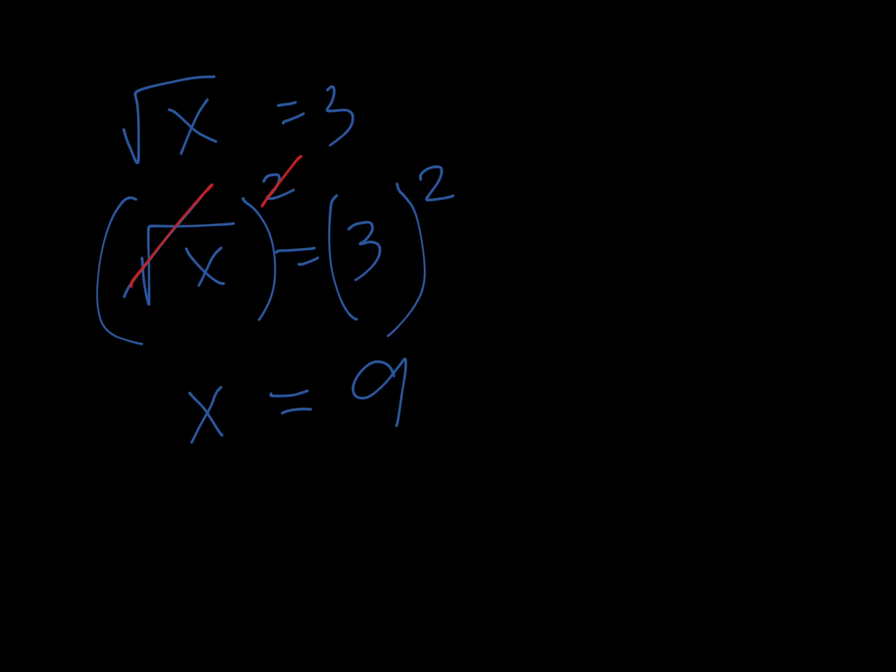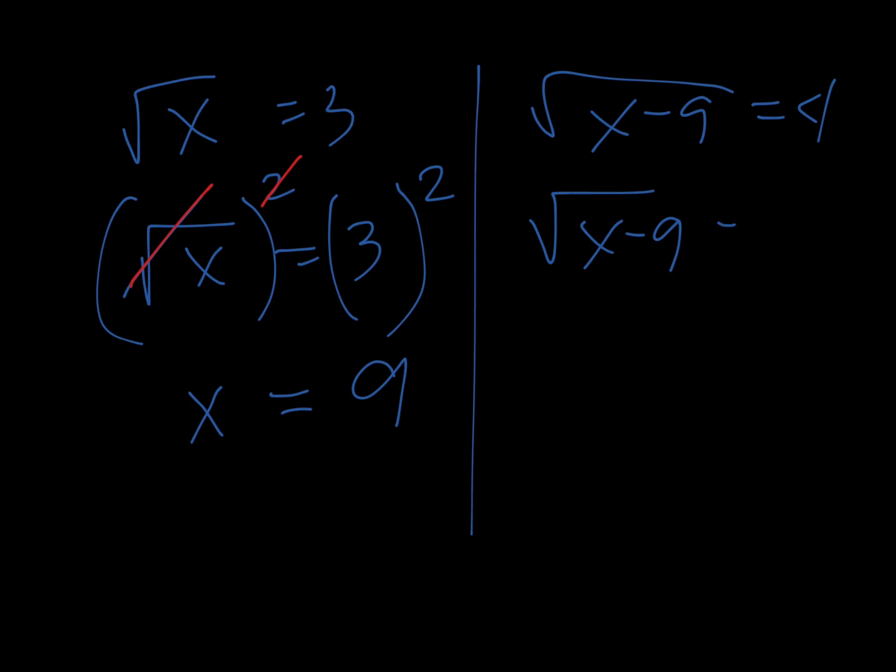Another, try to solve this. The square root of x minus 9 is equal to 4. Again, apply the squaring property. Square both sides. Then cancel the radical and the exponent.